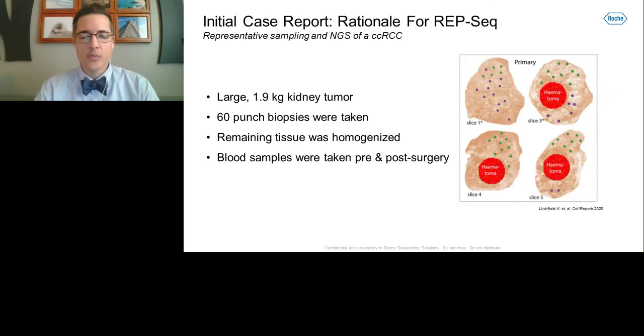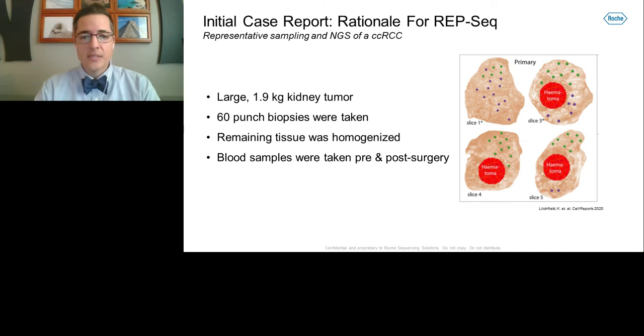So first, we're going to talk a little bit about how representative sampling helps next-generation sequencing of solid tumors. I'm going to present just a brief case report. This is of one very large kidney tumor, a clear cell renal cell carcinoma. In this tumor, our colleagues at the Crick and at the Marsden sliced this tumor into 4 very large slices, otherwise known as bread loaves.